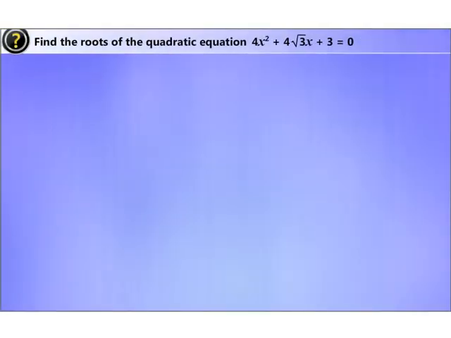Now, let us apply the formula to find the roots of the quadratic equation 4x squared plus 4 root 3 x plus 3 is equal to 0. The given equation is in the standard form ax squared plus bx plus c is equal to 0, where a is equal to 4, b is equal to 4 root 3 and c is equal to 3.